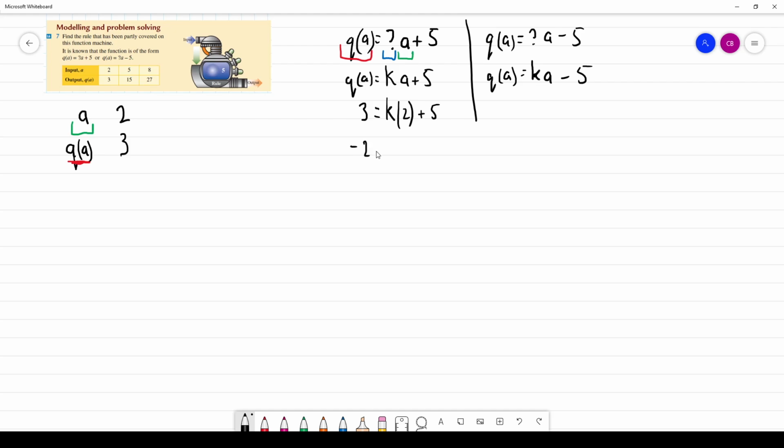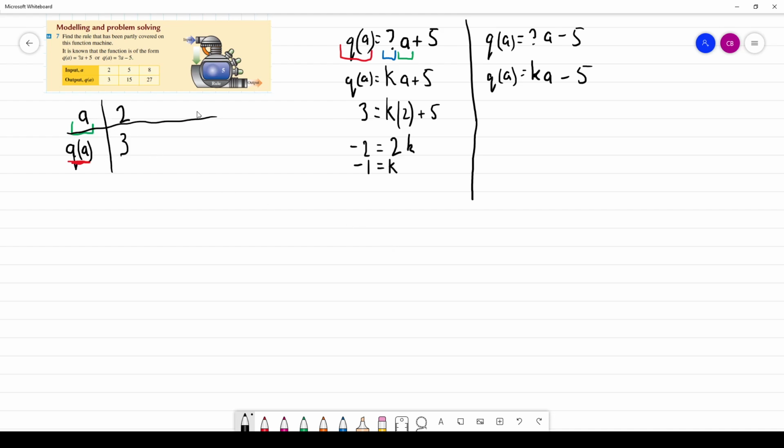So I'll have negative 2 equals k times 2. Well, I could just write that as 2k really. I want to get the k by itself, so let's divide both sides by 2, and I will get negative 1 equals k. So that's using our first set of data, 2, 3.